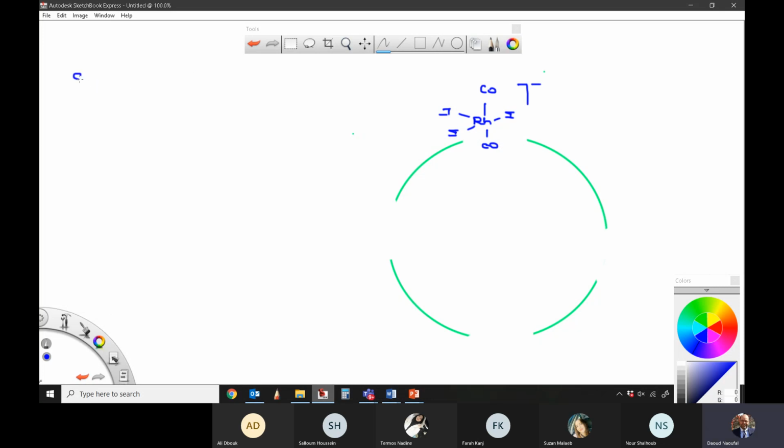So the reaction is CH3OH plus carbonyl that will give CH3COOH, and the catalyst used is rhodium and the co-catalyst is HI. So what is the role of HI? How to think, or what is my strategy in order to find the catalytic cycle? First, I should add CH3OH.